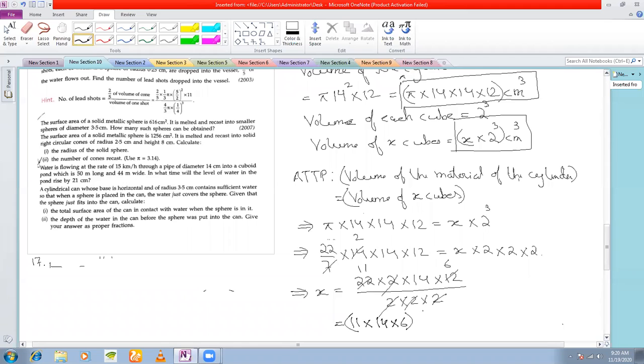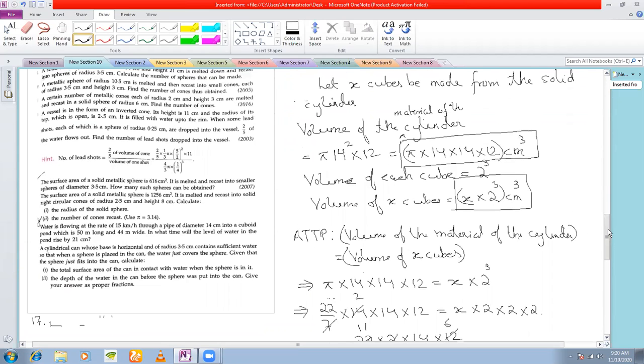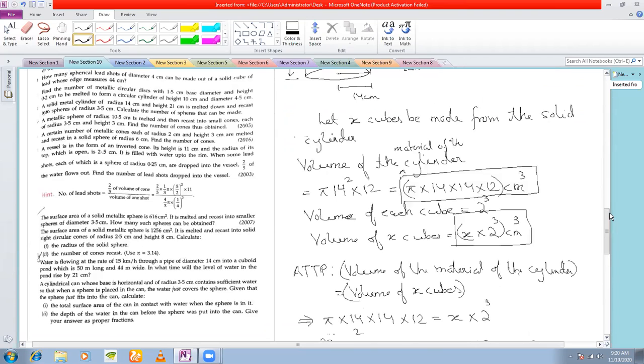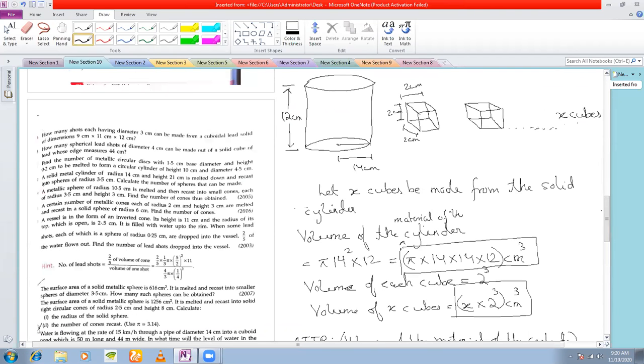And this comes to how much? Will this cancel any further? This is 14 by 2. I'm working with 14. What was the diameter? Was the diameter given, or okay, radius was given? Then this is okay.